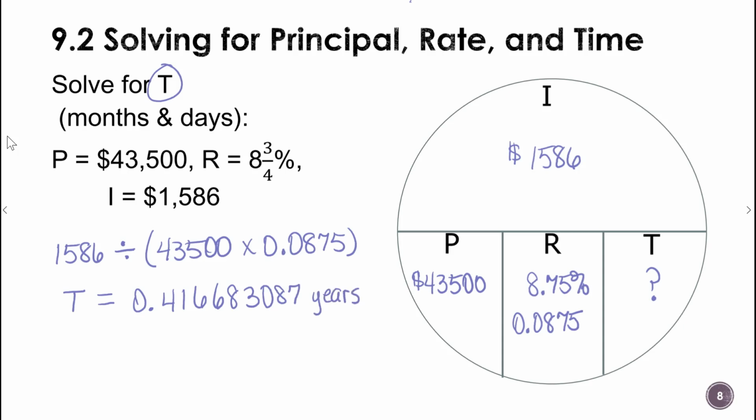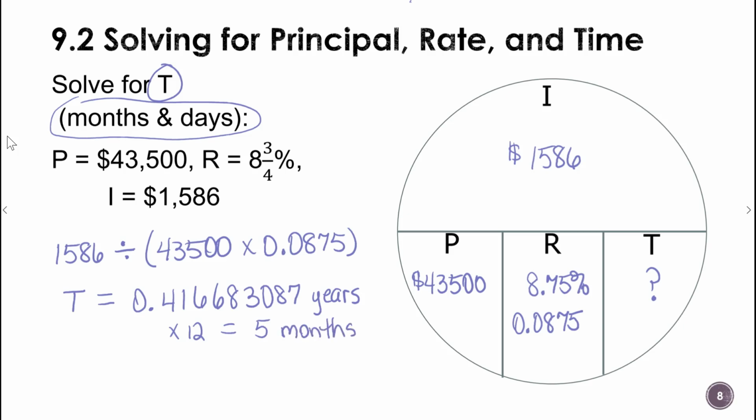But this is just a portion of a year. So this is less than half a year. 0.4 would be less than half of a year. And if we wanted to know what this was in months and in days, notice up here I said months and days, then we have to calculate that. To find months, we multiply by 12, and that's approximately 5 months.